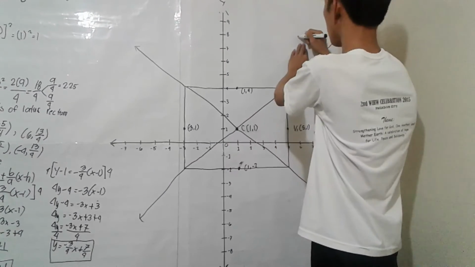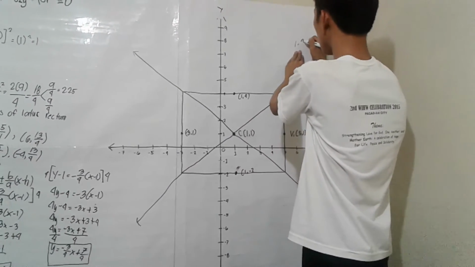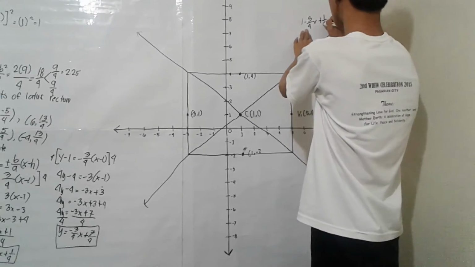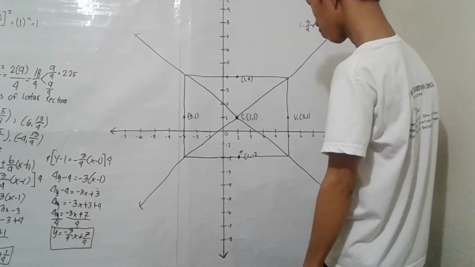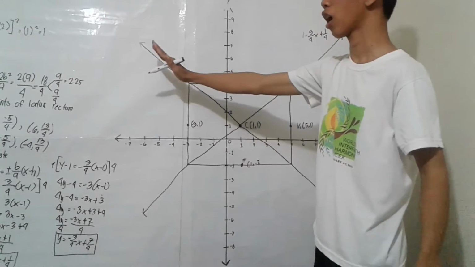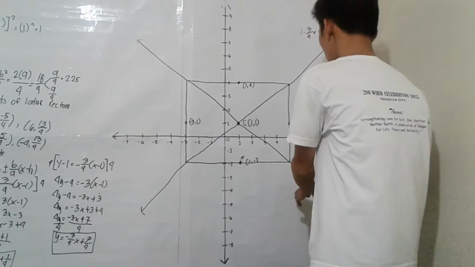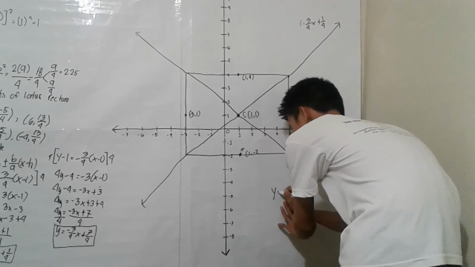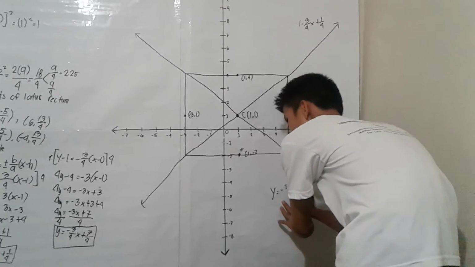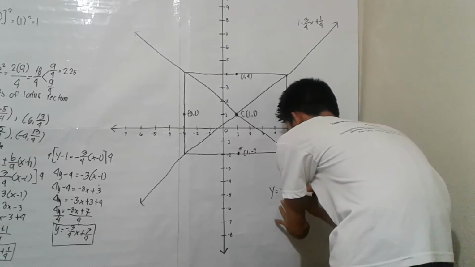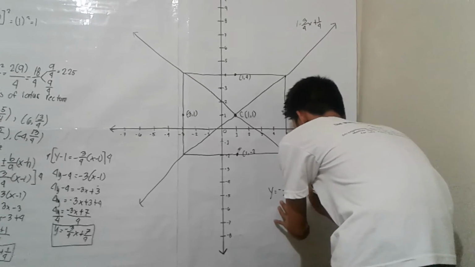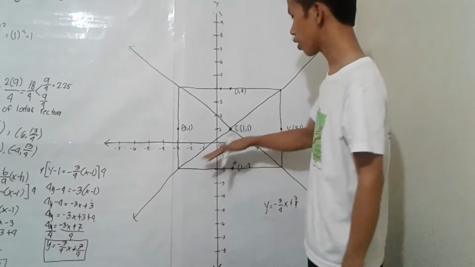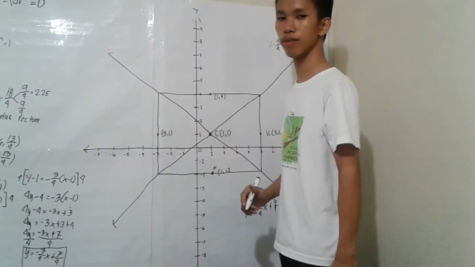So this is our y is equal to 3/4 x plus 1/4. So from upward to downward, our asymptote here is y is equal to negative 3/4 x plus 7 over 4. So this extended diagonal is called an asymptote.